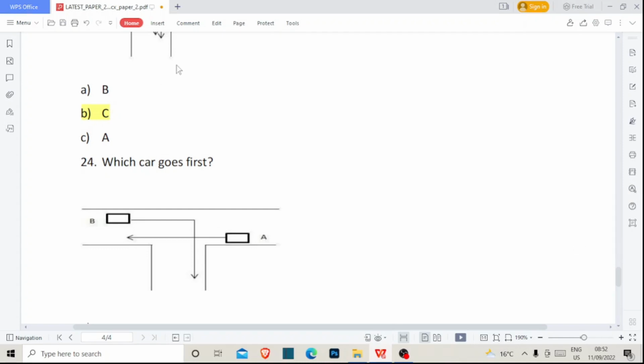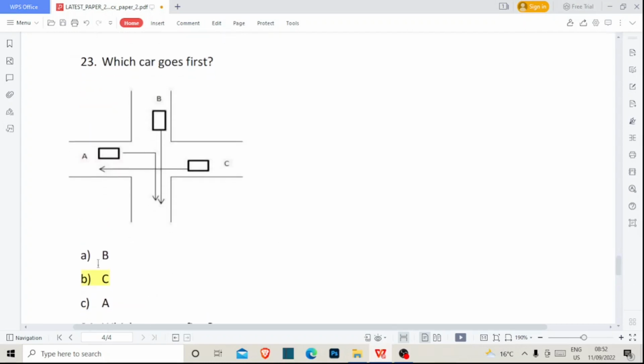When you know that your correct answer here is car C, you have to look for car C in the options, and not just say the correct answer here is C, because C may be car A and option A may be car B. So you have to look for car C here also. It's not enough just to get the correct car, which one is going first and which one is going last. You also have to come here and discern which option is my correct answer. That's something that you need to know.